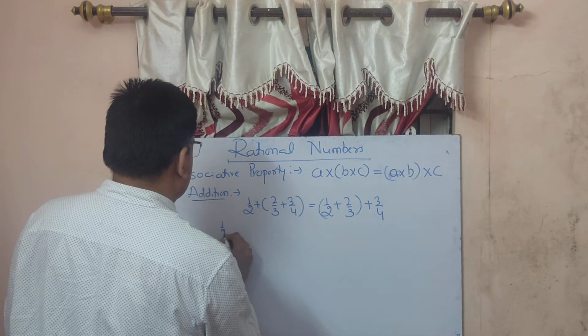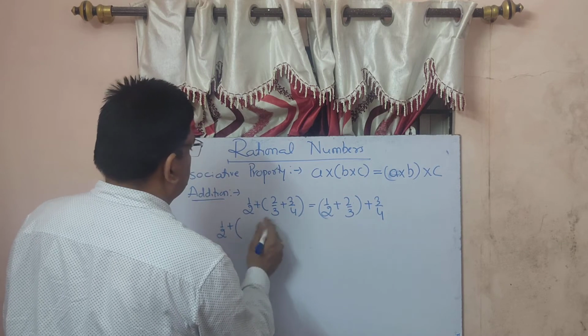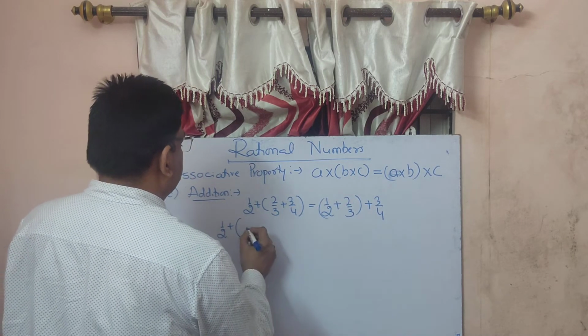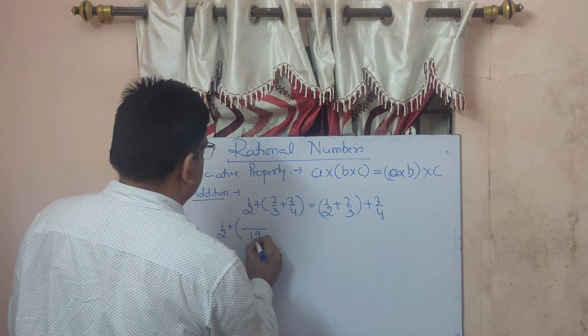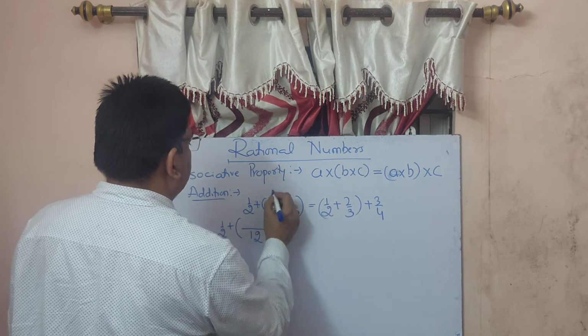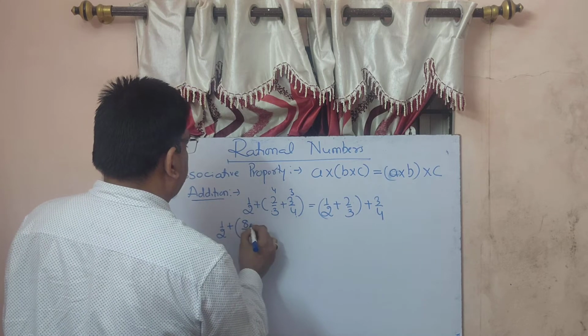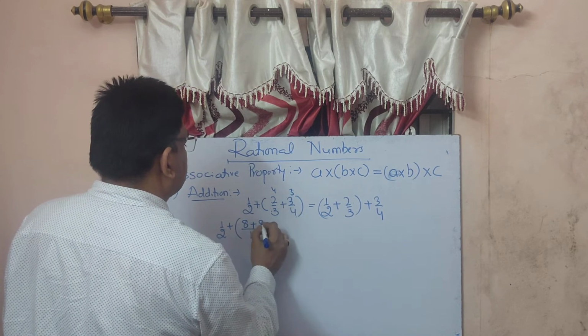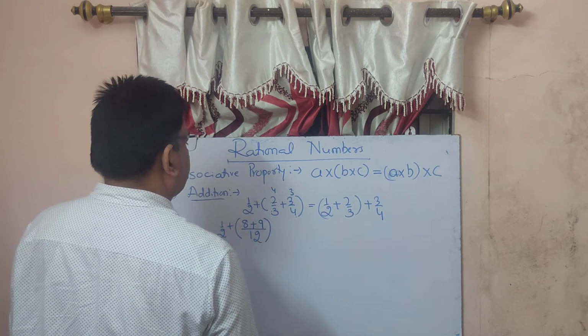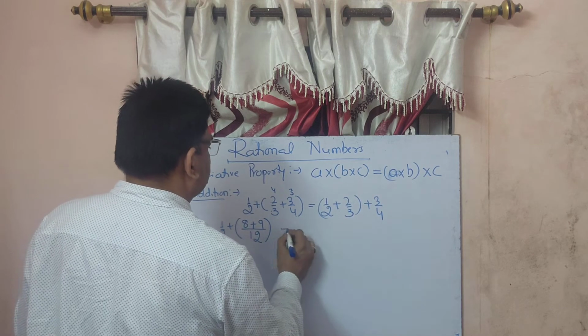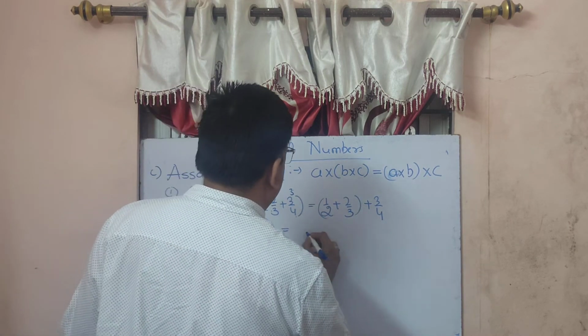So 1 upon 2 plus. Now what is the LCM here? You can see the LCM is 12 here. 3 4s are 12. Here it will be 4, here it will be 3. 2 4s are 8, 3 3s are 9. Same thing here. What is the LCM here?